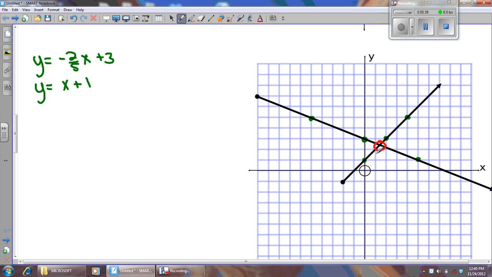the y-coordinate of the point of intersection. You might be able to guesstimate it. You might be able to say, well, let me drop it down here, and oh, that line's pretty big and bulky. Let me make it a nice thin line.